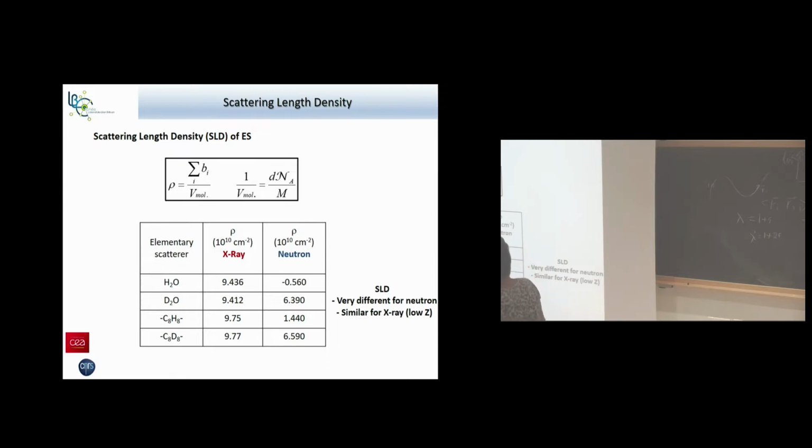So the scattering density is characterizing the diffusion power of the elementary scatterer, so it has to be divided by its volume. Here I put a table in which you see values for light water, heavy water, hydrogenated monomer of polystyrene, and deuterated monomer of polystyrene.